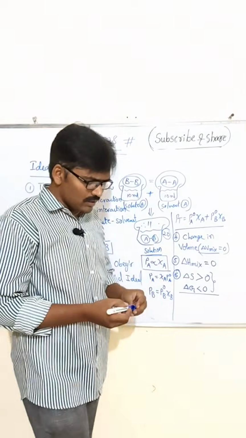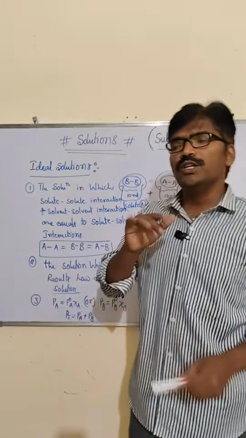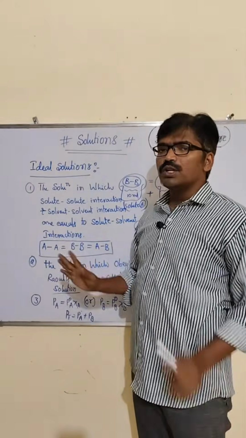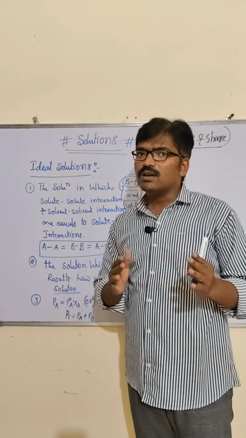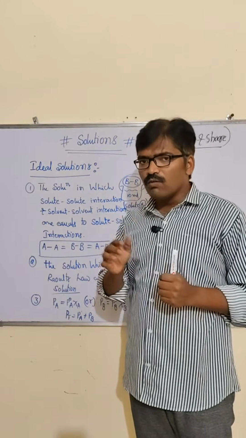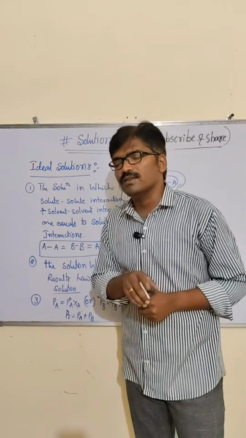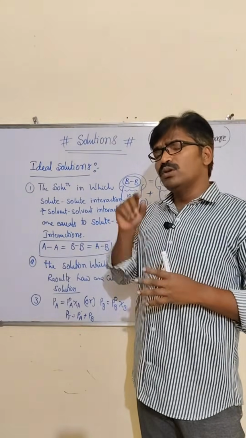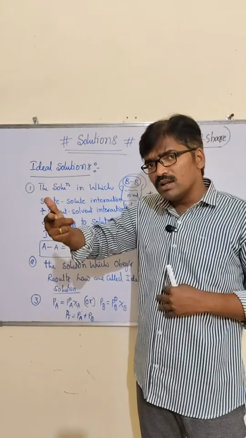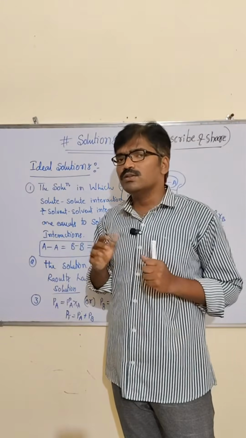Remember, what did we say about ideal solutions from the beginning? The first point: a solution in which solute-solute and solvent-solvent interactions equal solute-solvent interactions. The second point: the solution which follows Raoult's law is an ideal solution.